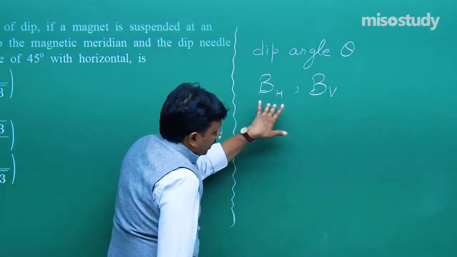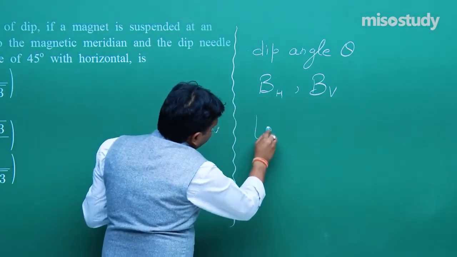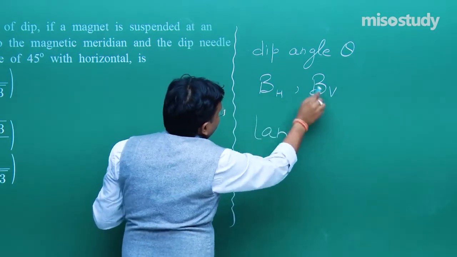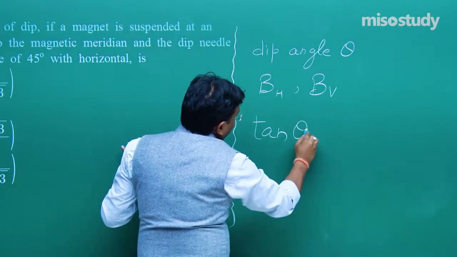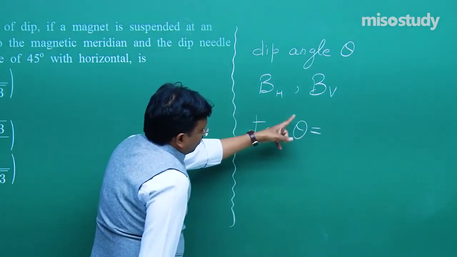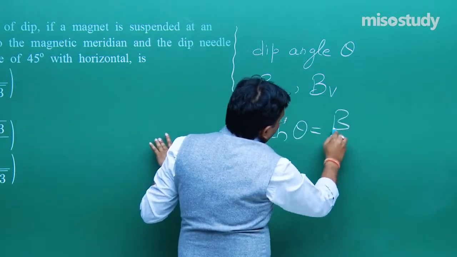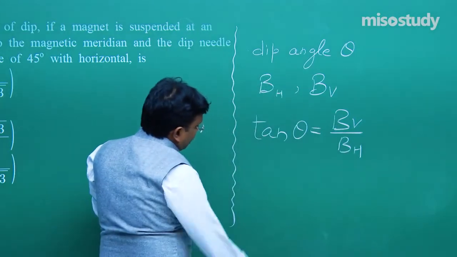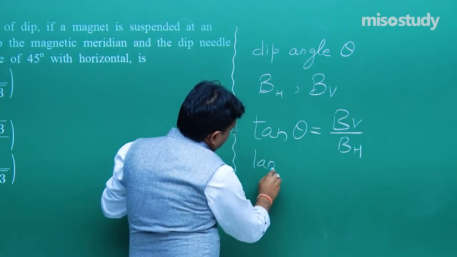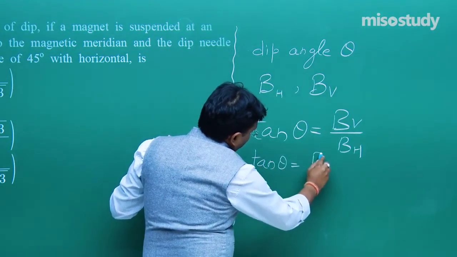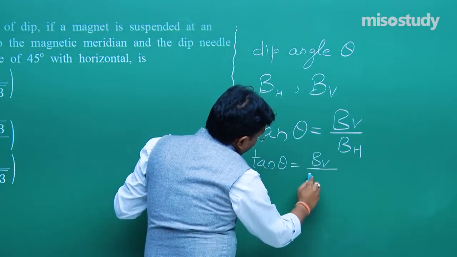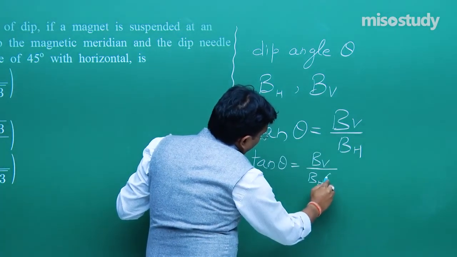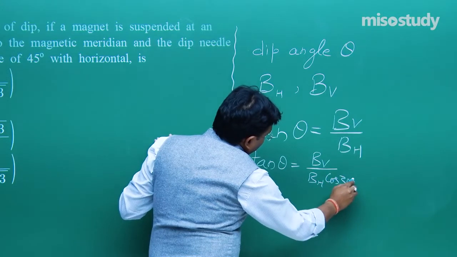Now, what is the relation between BH, BV and dip angle? So, tan theta is equal to BV upon BH. Now, tan theta is equal to BV upon BH cos of 30 degrees.